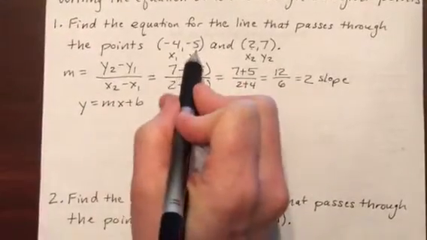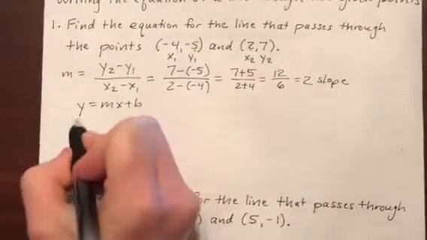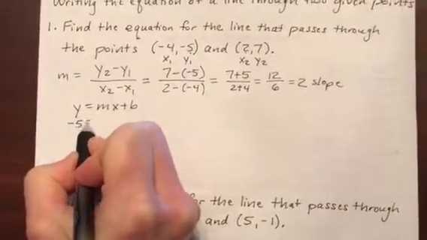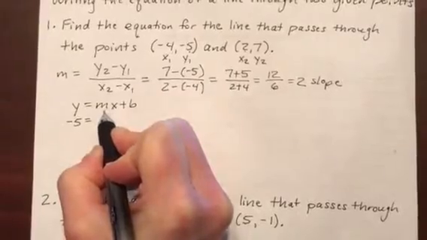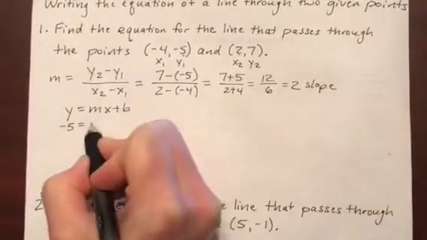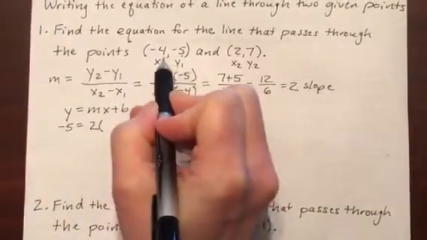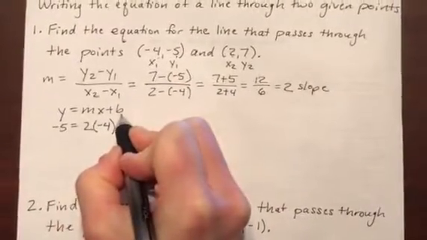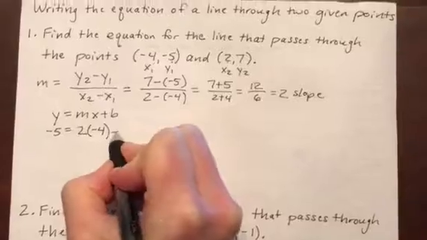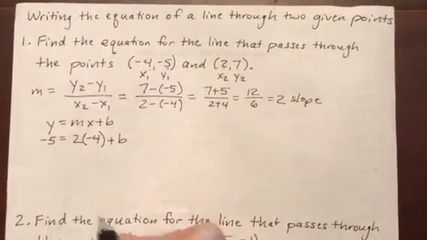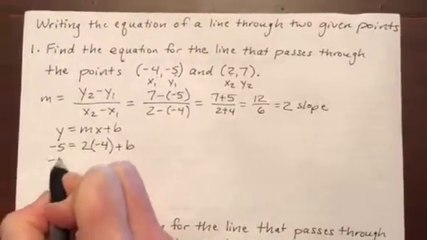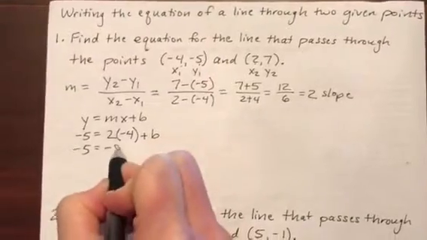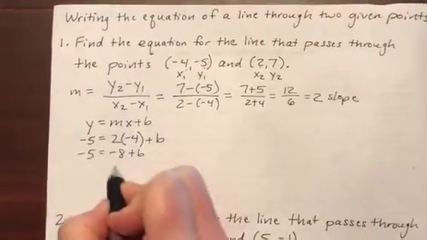This is our y value, the -5, we'll put here for y. m is our slope, so that was 2. Our x value is the -4. And we don't know our y-intercept, the b, so that will be our variable. So now we have -5 = -8 + b.